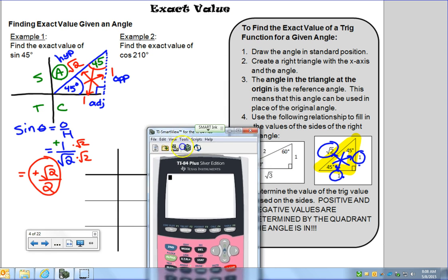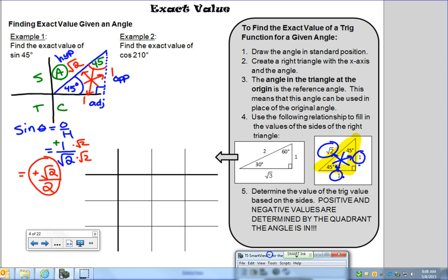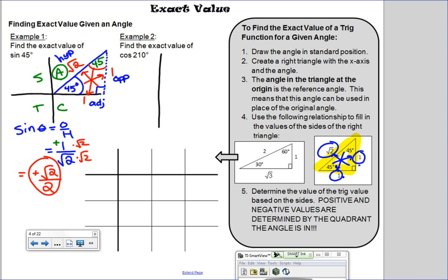Okay, so now we're going to try this again. Cosine of 210. So we're going to draw our angle. 210 is going to spin around like this. I'm a little off. But then you're going to draw your triangle up and over.